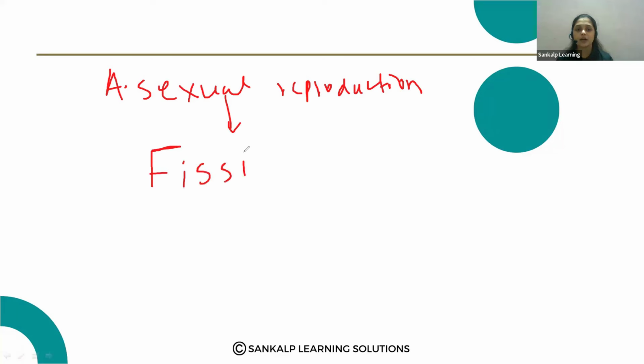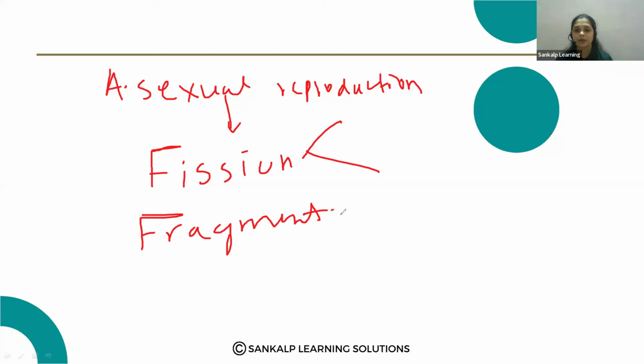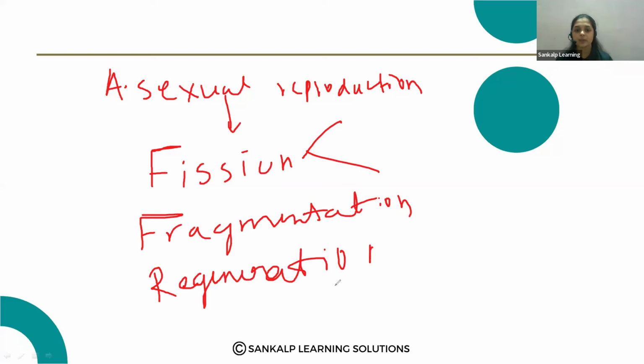In fission, there are two types, binary fission and multiple fission, and the examples are very important. Then fragmentation, then regeneration. This is also a type of asexual reproduction.